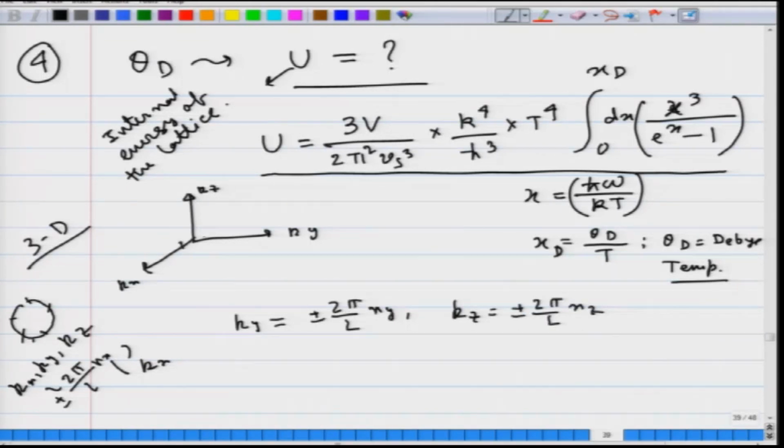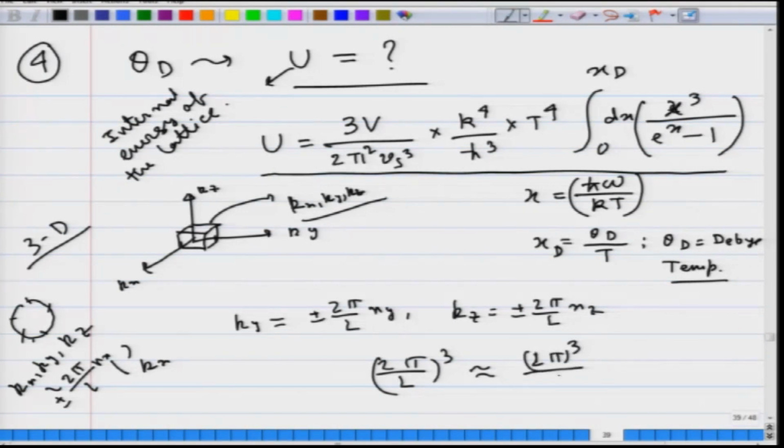So the smallest volume occupied by this kx, ky and kz will be 2 pi by L whole cube. Here L is the length, and L cube is the total volume of the cube. This is the smallest cube, the smallest volume in k space in which one state can occur.